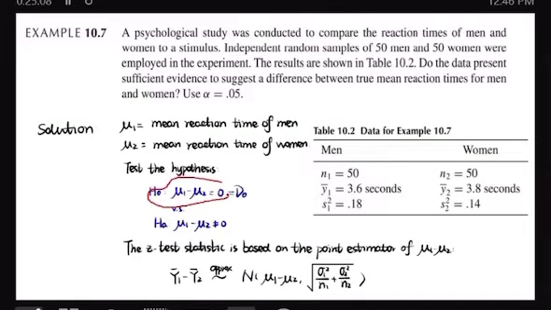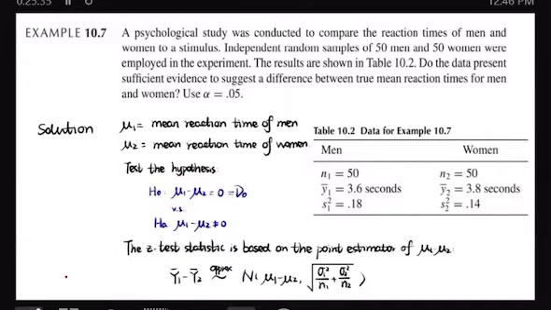The null hypothesis is saying there is no significant difference. But the alternative could be any of these three. It could be that the mean of the first population is less than the second, or greater than the second, or we can say they are not the same. Does that make sense?